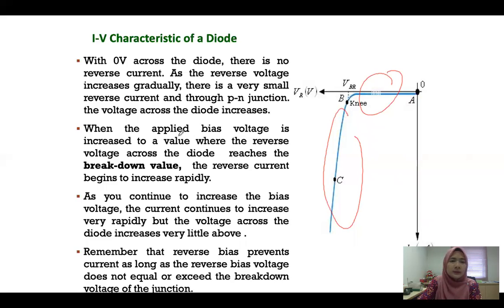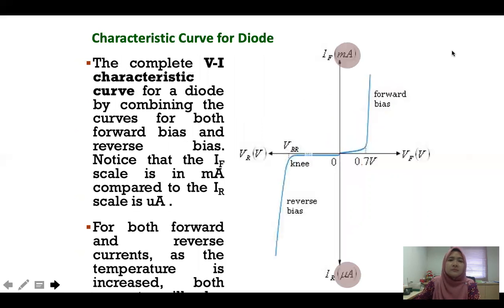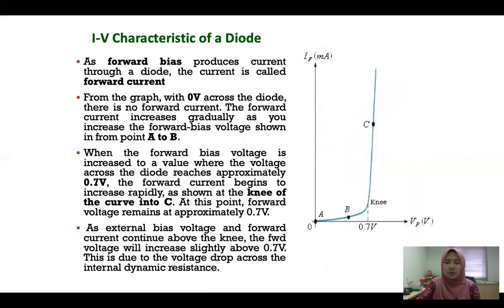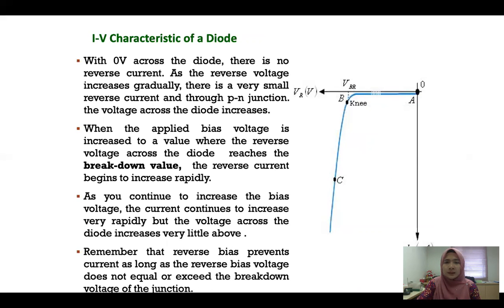Please read this statement by yourself. It explains in detail about this graph. And this is the complete VI characteristic. In the previous slide, I showed you this is the forward bias, this is the reverse bias, and the breakdown region.